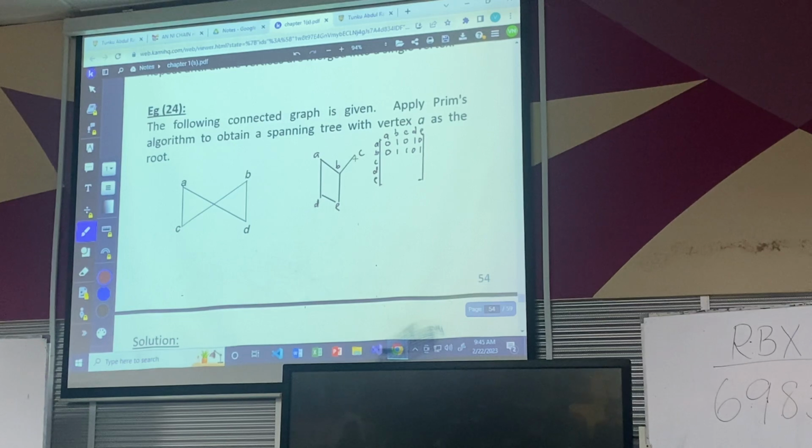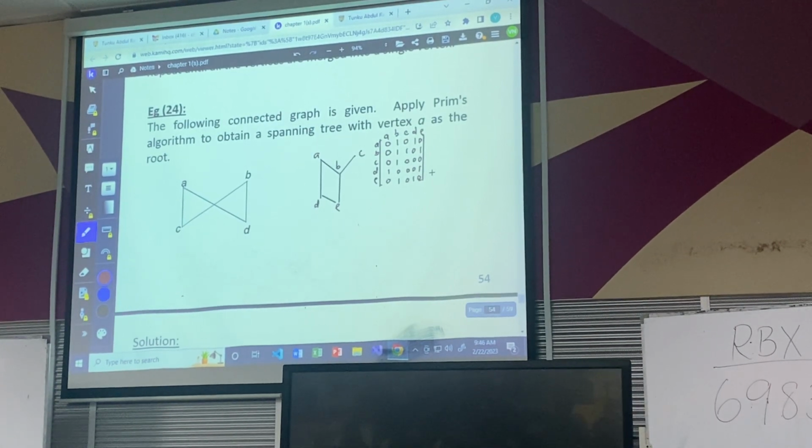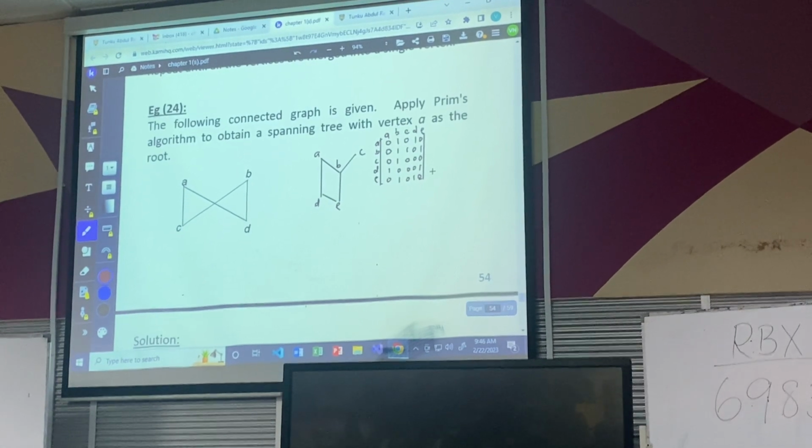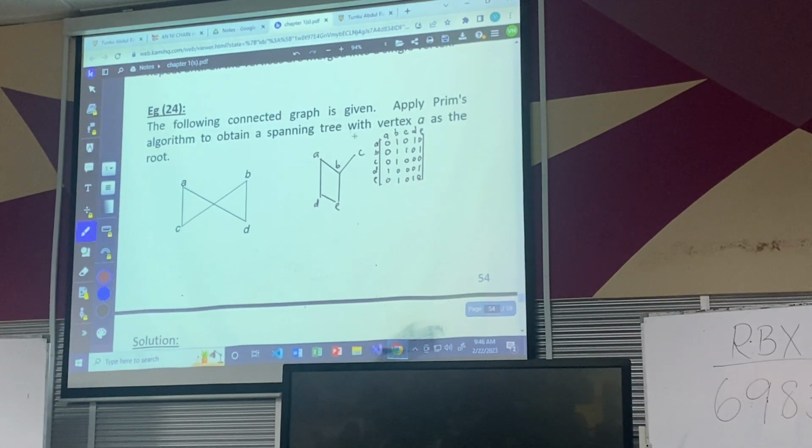For the C, you have B and E. And for the D, we have A and E. For E, we have B and D. Right? These are the vertices that are connected in the graph given.